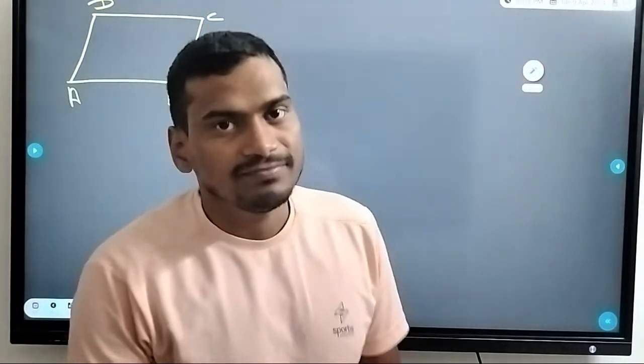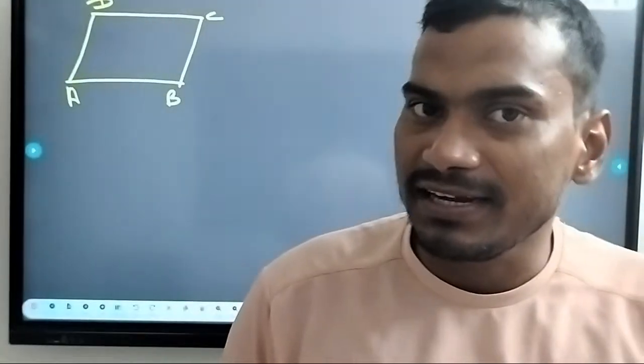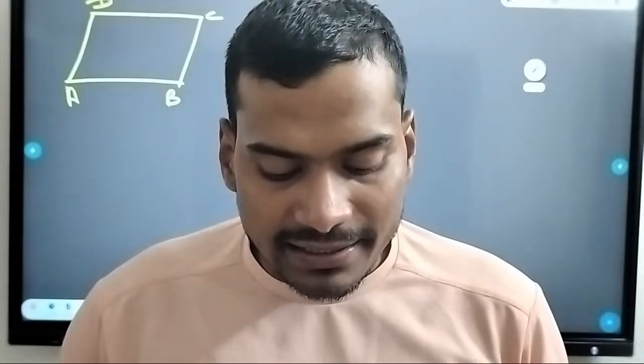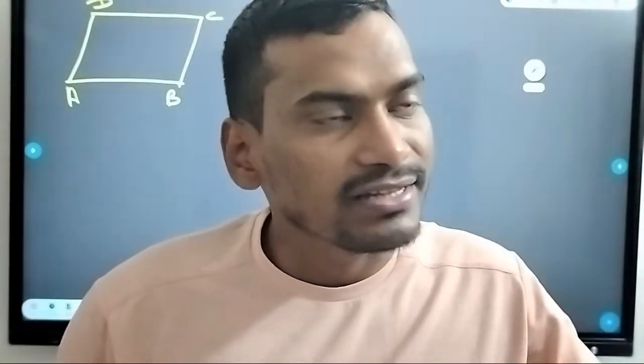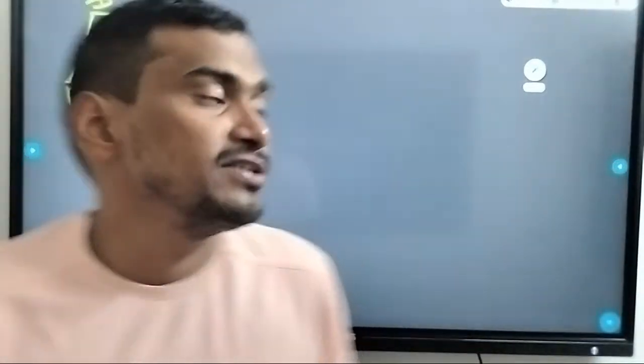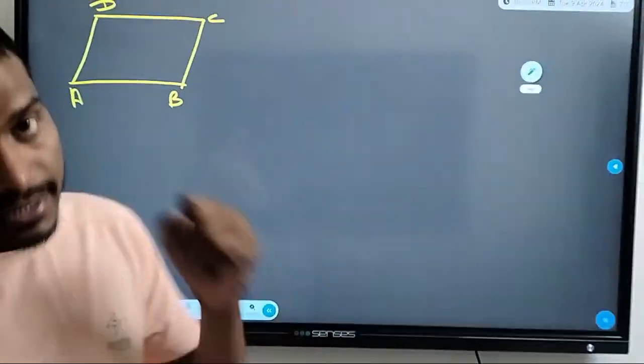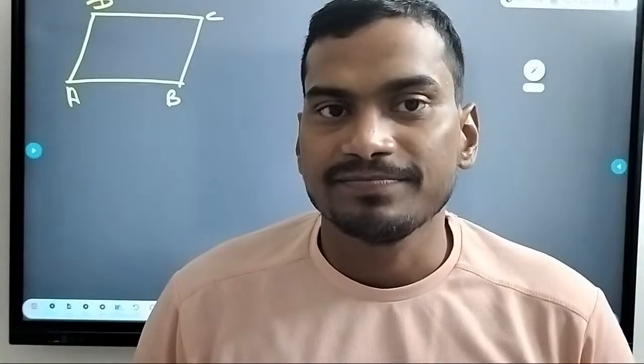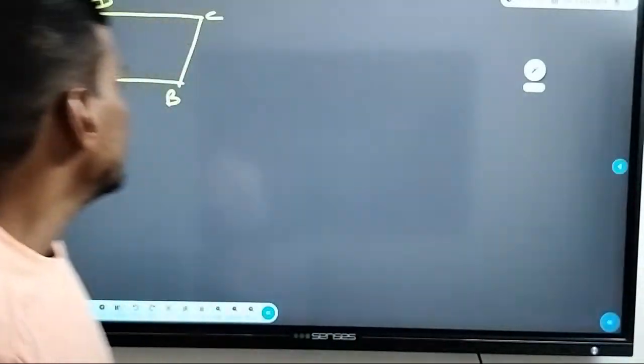Quadrilateral you know very well. 4 sides, 4 angles, sum of the angles is 360 degrees, right? But we have to have the clear-cut idea and difference between this type of quadrilaterals. So if we have the clear-cut idea about this parallelogram, rectangles, squares, rhombus, how are their diagonals, bisector or not, angle and everything, then we can do any question based on this in our exam for which we are preparing, right? So I will start with the parallelogram.